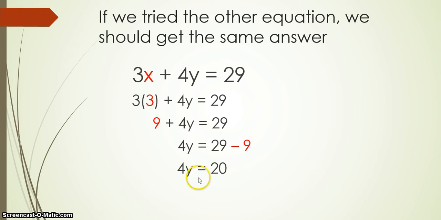Now we need to divide both sides of the equality by 4. 4y divided by 4 gives us 1y, and 20 divided by 4 gives us 5. So once again, y is equal to 5. And we can see that the solution to this pair of equations is x is equal to 3, y is equal to 5.